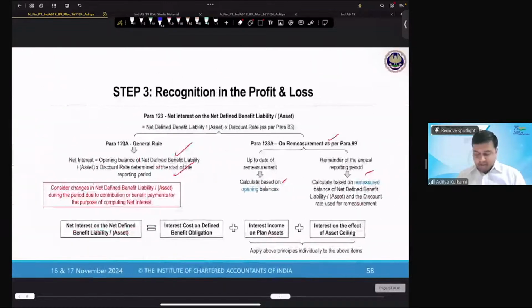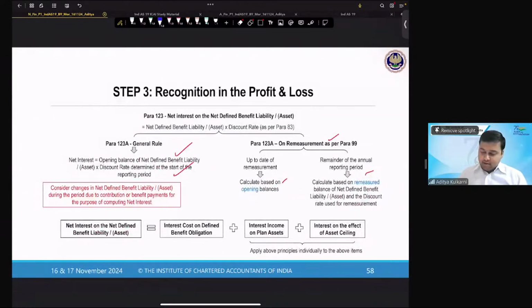Okay. See, this is what we have done exactly. So, net interest workings on the net defined benefit liability or asset. That will be multiplied by the discount rate. So you will remember 62 was nothing but 780 into 8%.